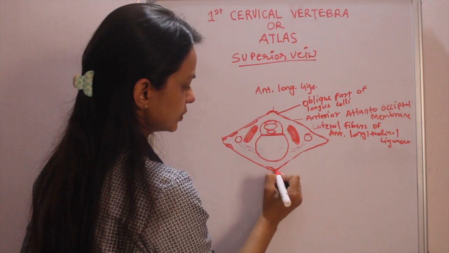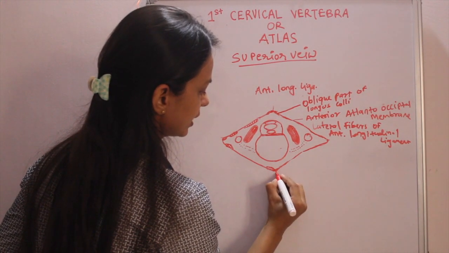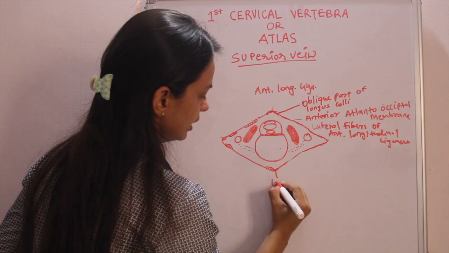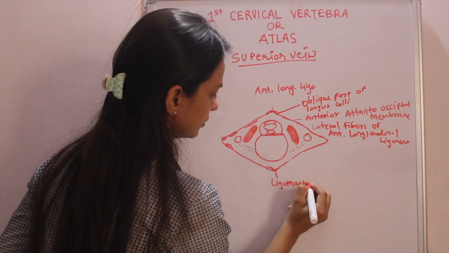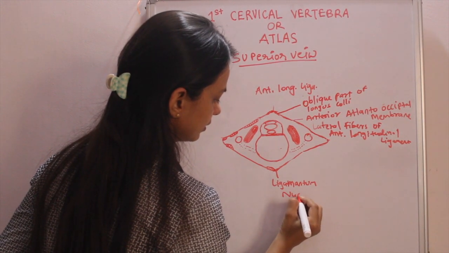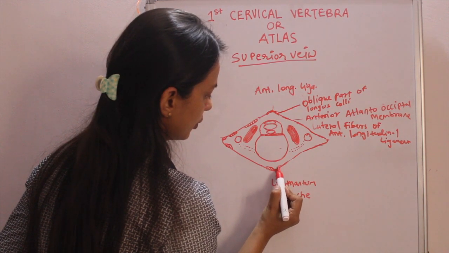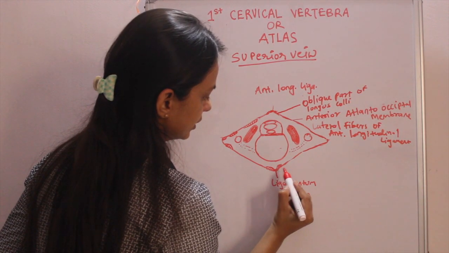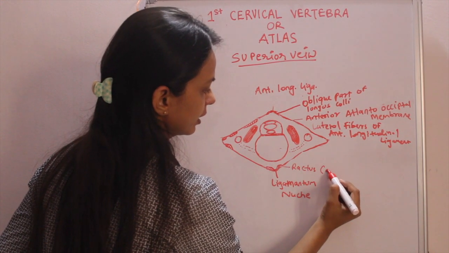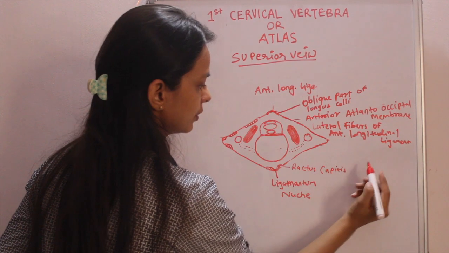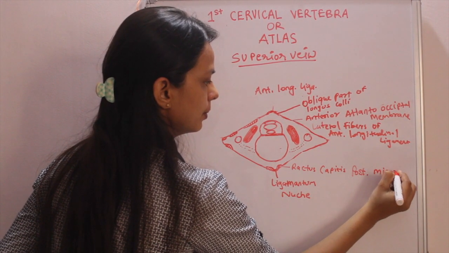Now this is the posterior tubercle, right? Here the posterior tubercle provides attachment to the ligamentum nuchae, and each side of the posterior tubercle provides origin to the rectus capitis posterior minor.